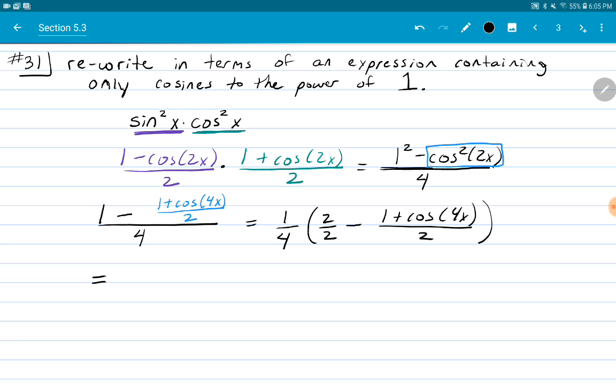Simplifying that further, I get, let's see, 1/4 of 2 minus 1 gives me 1 plus cosine of 4x all over 2.